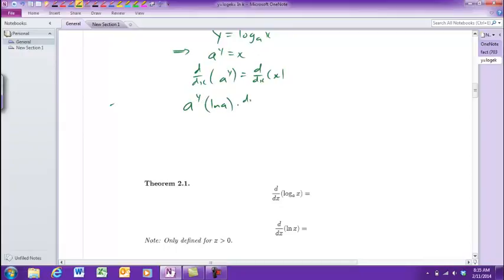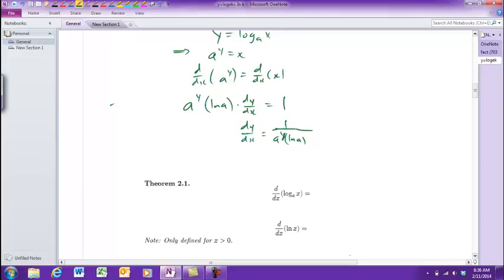Because it's y, I need to multiply by dy over dx, doing my implicit differentiation, and the derivative of x is just 1. So now I can divide to the other side, and I get dy dx is equal to 1 over a to the y natural log of a.